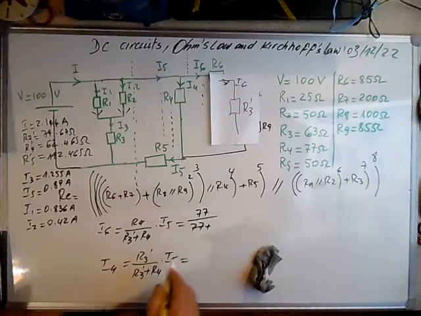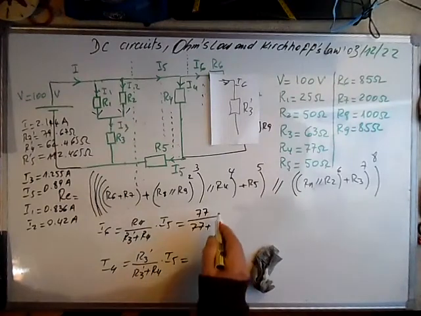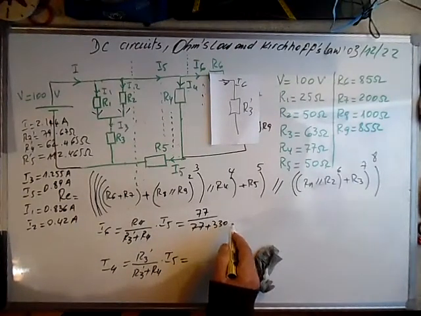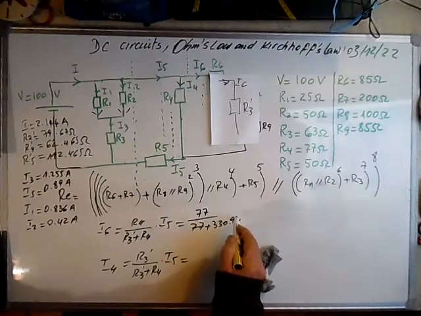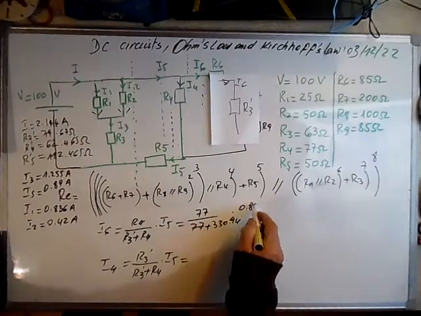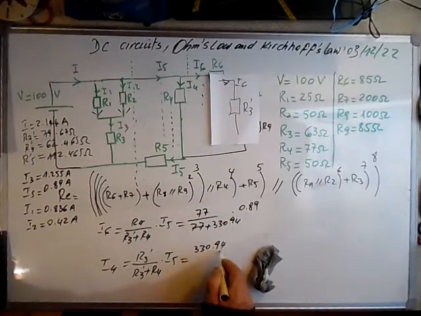R3 prime, what is the value? 330, I forgot to write it down. 330.94 times I5, 0.89, and here over the sum.